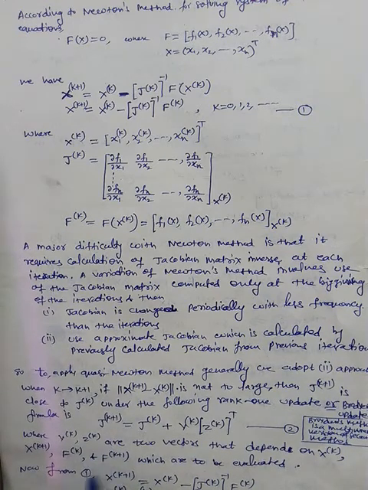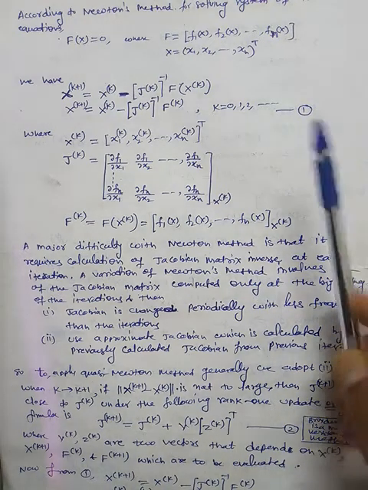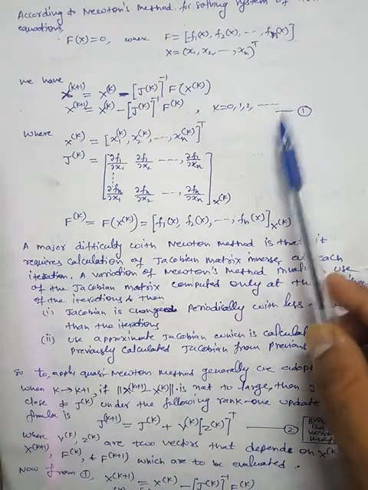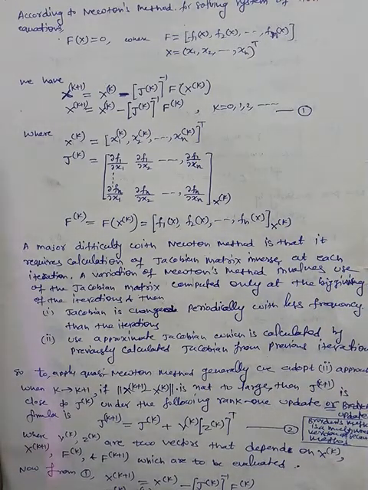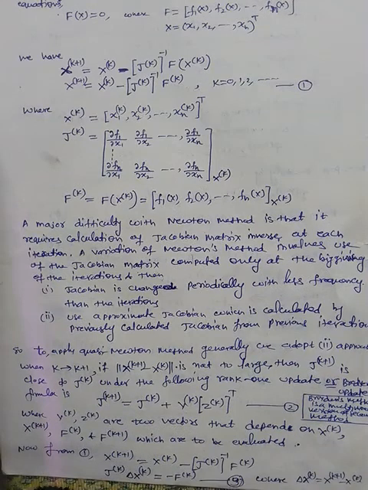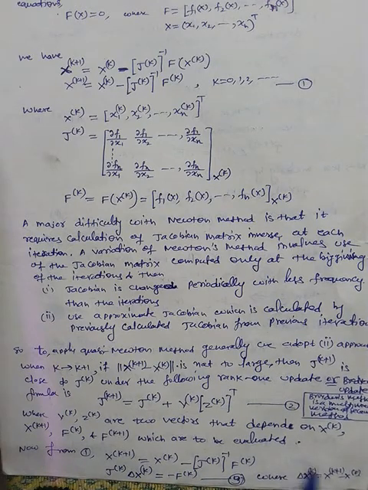Okay, so now to find yk and zk, from equation number 1, written here, x(k+1) is xk minus Jk inverse fk. If we write xk on the left hand side, we take x(k+1) minus xk, and this difference is denoted by delta xk.